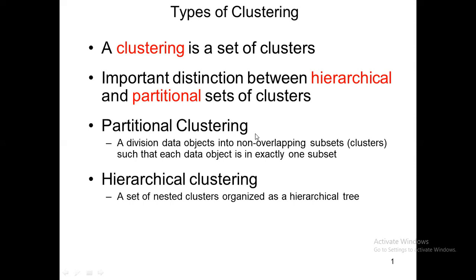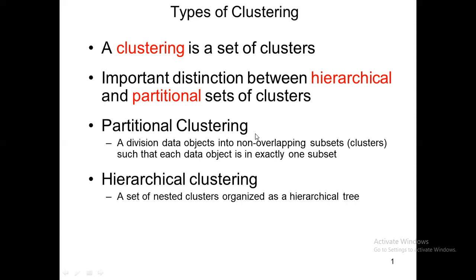Another key point is the objective. The primary objective is to create homogeneous clusters, where the data points within a cluster share common characteristics or properties. Types of clustering are partitioning clustering and hierarchical clustering.